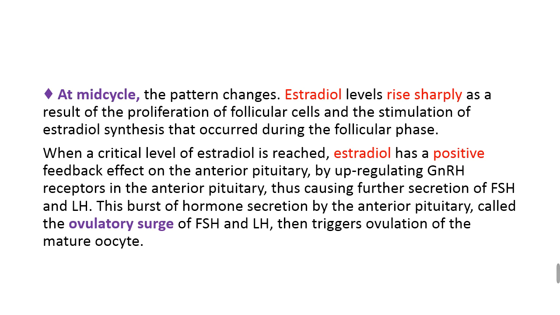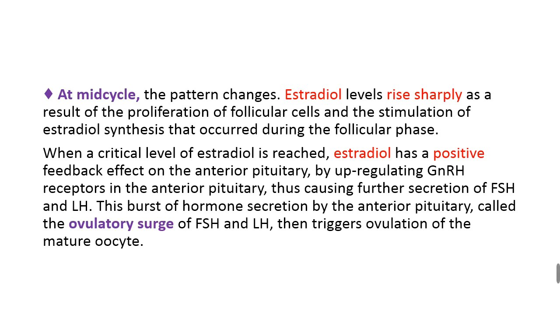When a critical level of estradiol is reached, estradiol has a positive feedback effect on the anterior pituitary by upregulating the gonadotropin-releasing hormone receptors in the anterior pituitary, thus causing further secretion of FSH and LH. This occurs during the mid-cycle period. This burst of hormone secretion by the anterior pituitary is called the ovulatory surge.